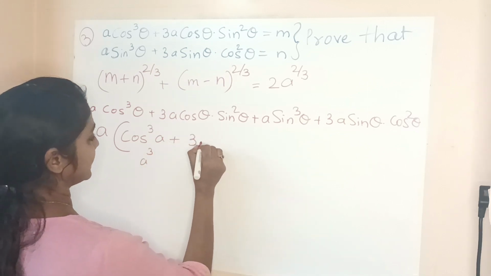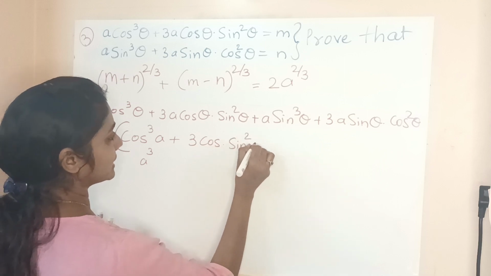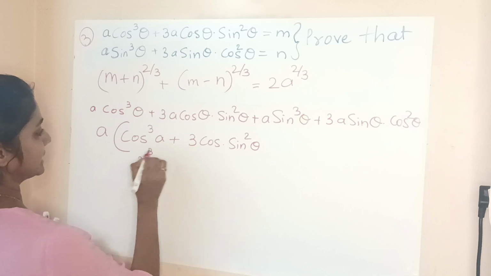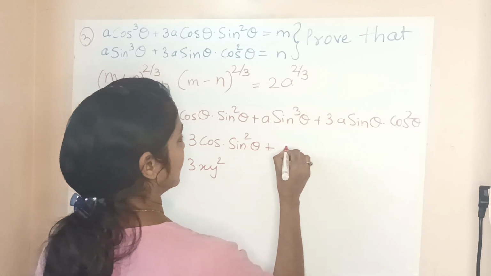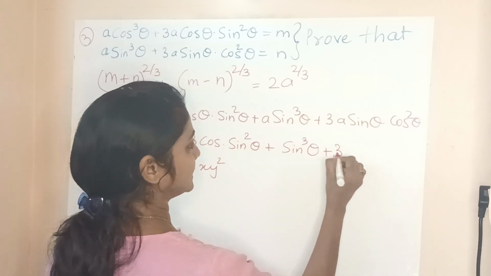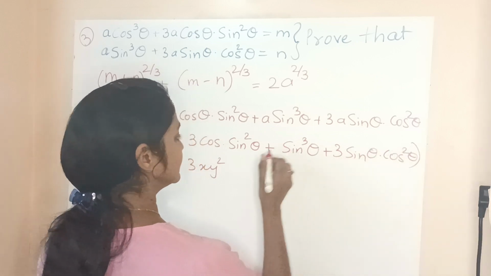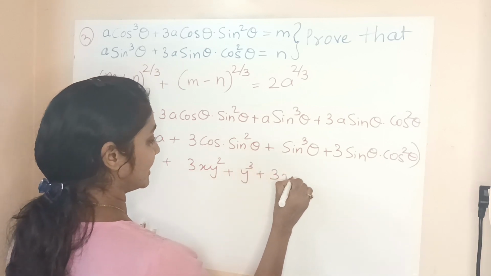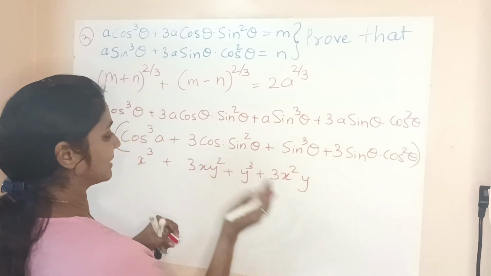I am writing every step. 3 cos into sin square theta, this I take as x cube, x cube plus 3xy square plus sin cube theta plus 3 sin theta into cos square theta. This is my y cube, this is my 3 x square y or y square x.